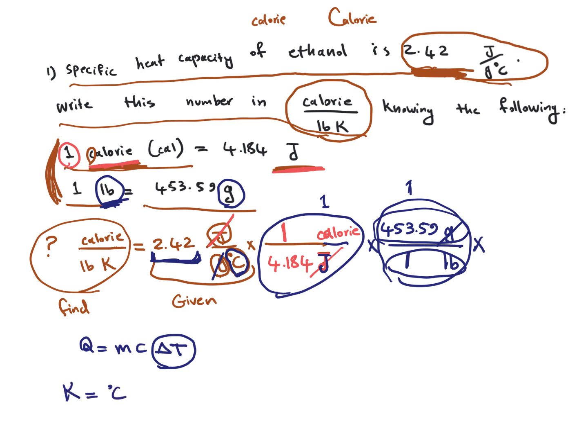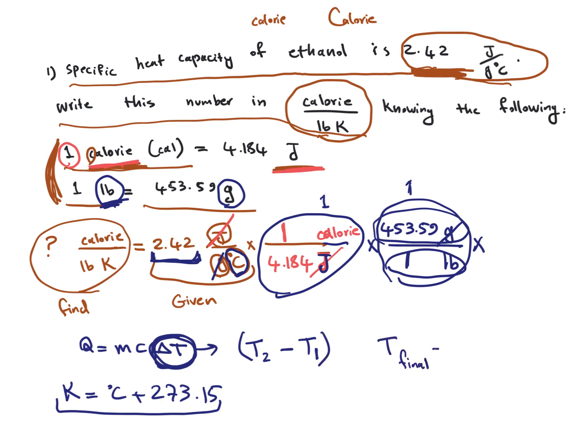Kelvin equals degrees Celsius plus 273.15. If I have two temperatures, remember we want the temperature difference, so it's T2 minus T1, or T at the final state minus T of the initial state, meaning that you report a temperature difference.